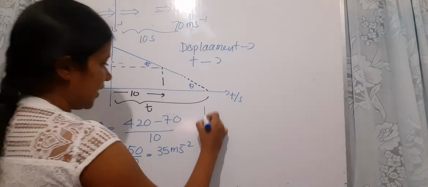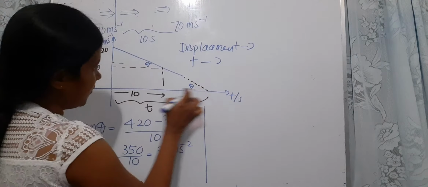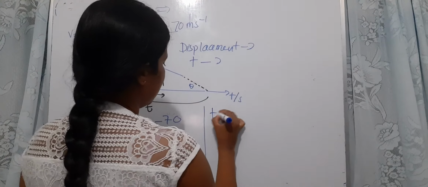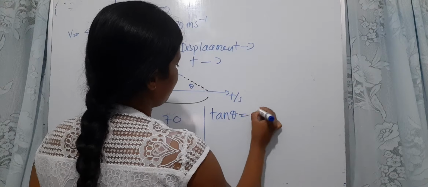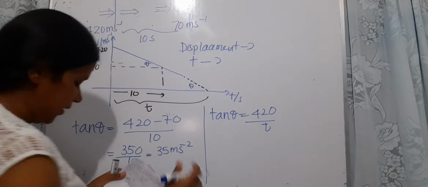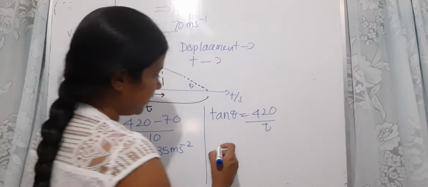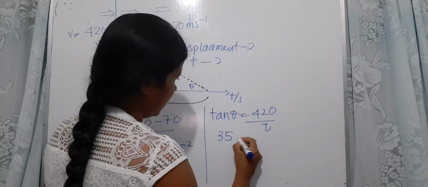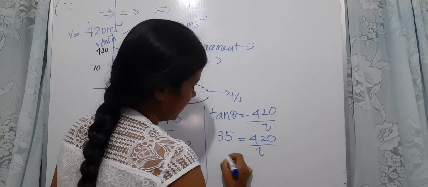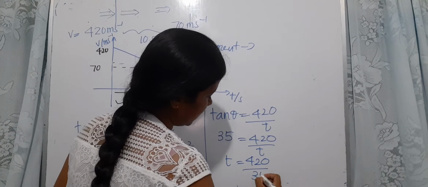I'm going to tell you it here. Then we can apply it here to this big triangle. Tan theta equals 420 over t. Now we know it is 35. Then 35 equals this. Then t equals 420 over 35.